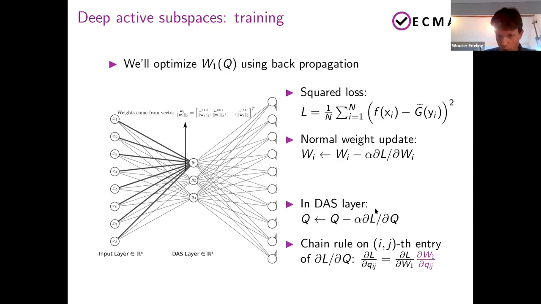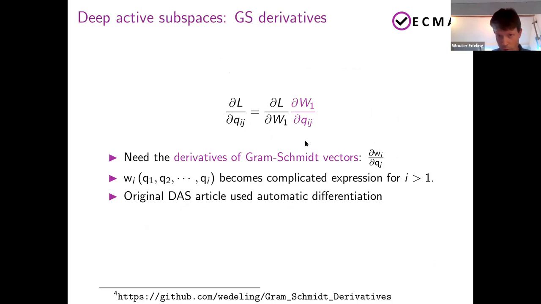But then if I look at this gradient here, L is a scalar, Q is just a matrix, so this becomes a matrix. If I look at a single entry of the matrix, I get this expression. Partial L, partial W1, that's just the output of standard backpropagation, the gradient of the loss. But I also need this term here.